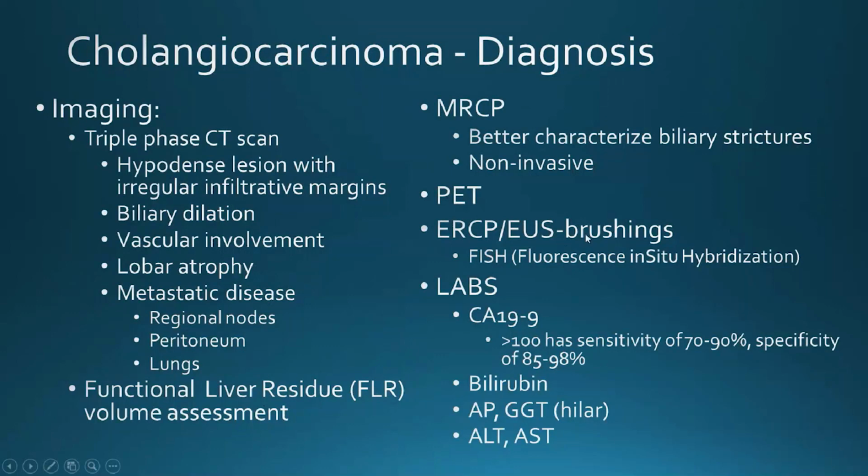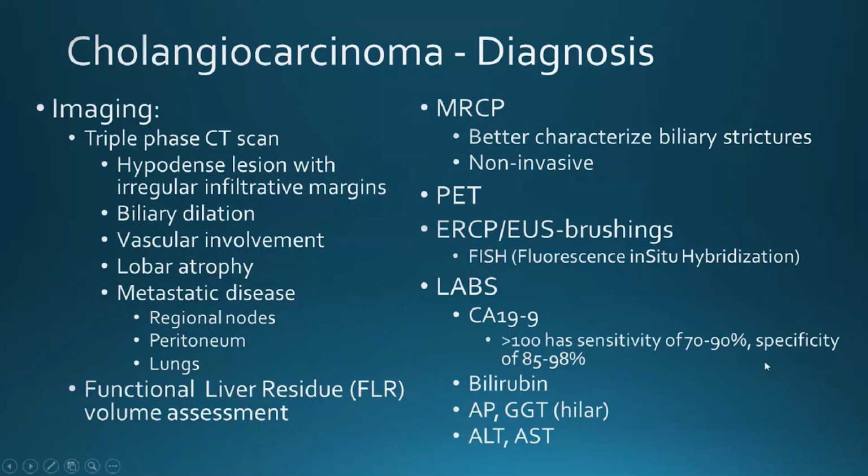And when we do brushing and get samples of the dominant strictures in the bile duct or high in the hilum, we do fluorescence in situ hybridization, or FISH, which is very sensitive to diagnose malignant cells. And of course, some tumor markers like CA19-9 are very important to check; it has a very high sensitivity and specificity, especially if we see it in the hundreds and sometimes over 1,000.